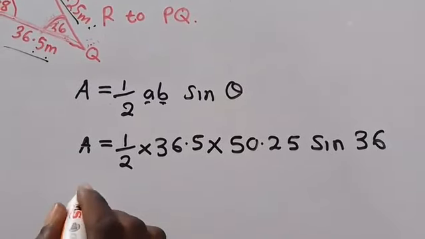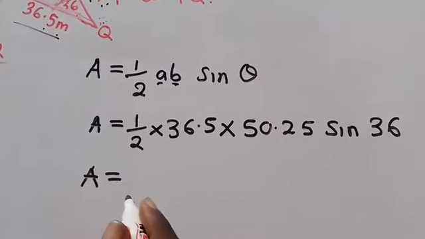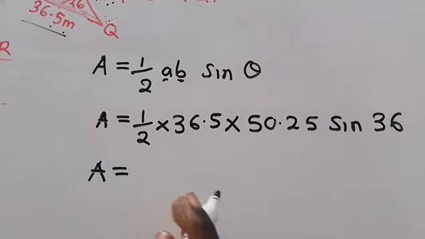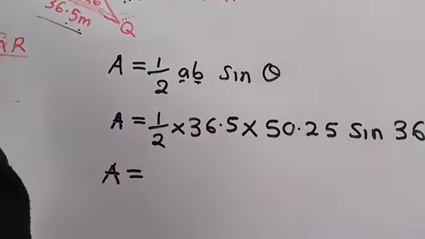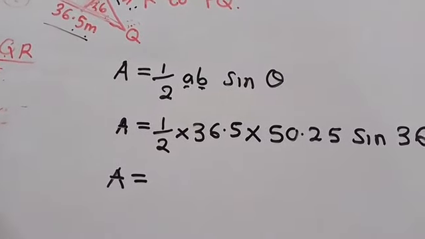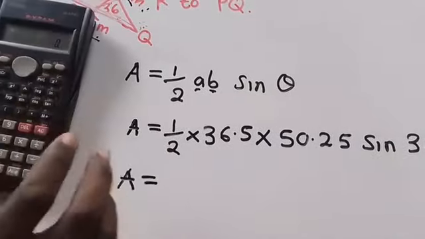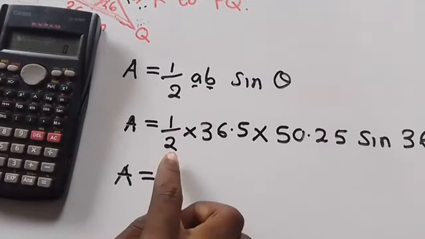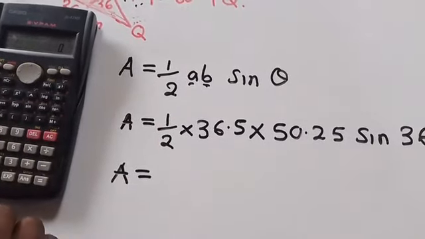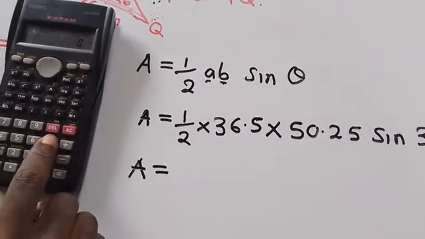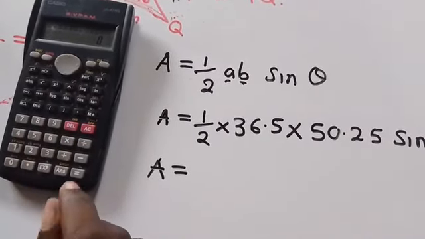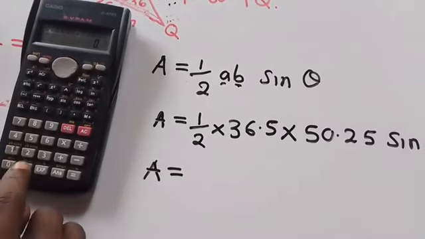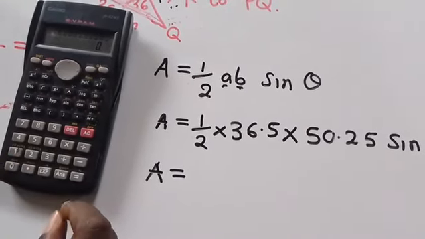Then I just press everything on my calculator. The half here is the same as 0.5. So I'll say 0.5 times 36.5 times 50.25.